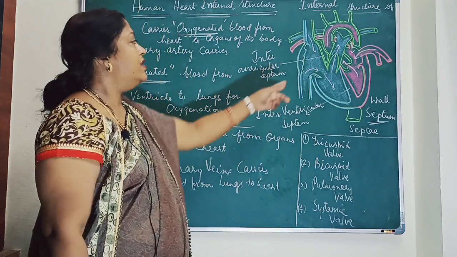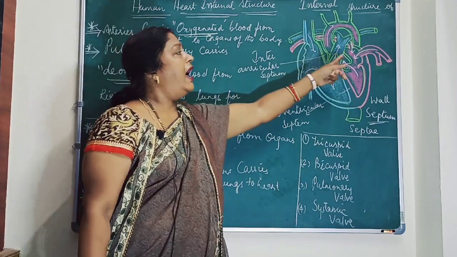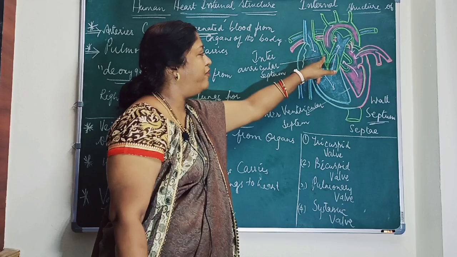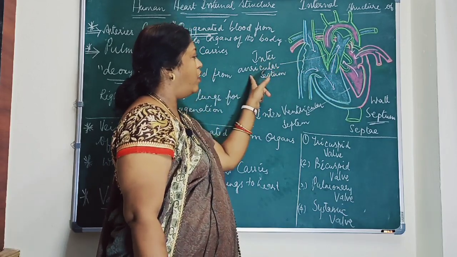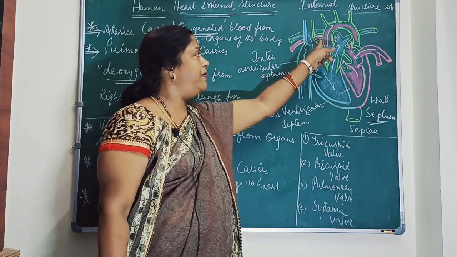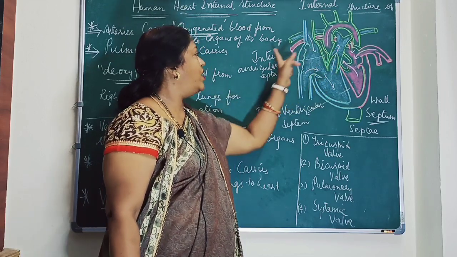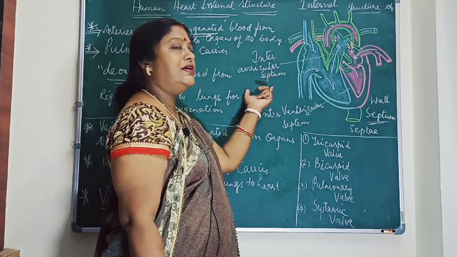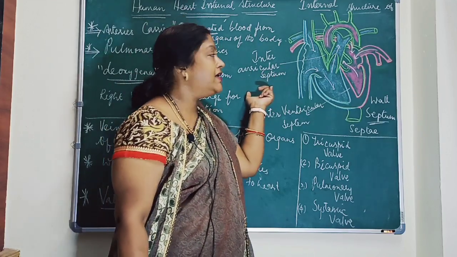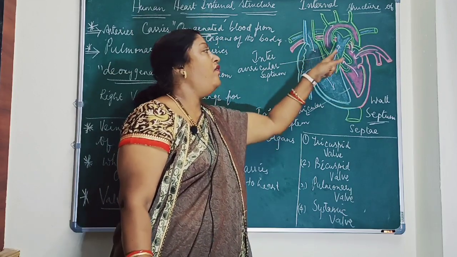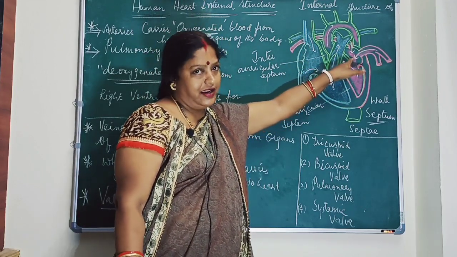The right auricle and the left auricle are separated by a wall called the interauricular septum. Both the auricles are separated by a wall in the middle, and this interauricular septum prevents the mixing of deoxygenated blood in the right auricle with the oxygenated blood in the left auricle.